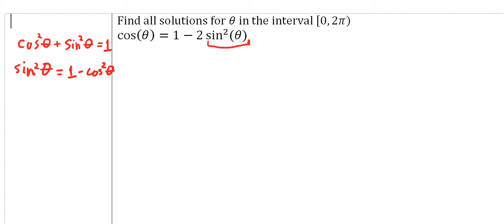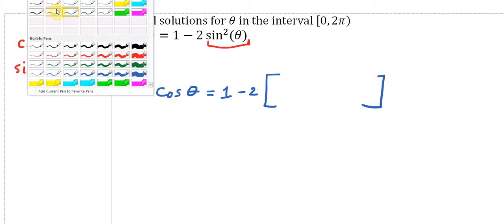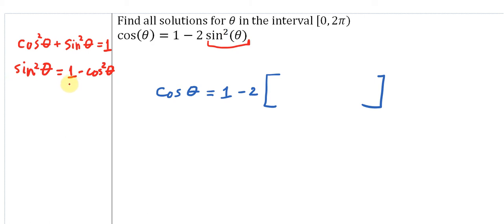Now let's think about why this is useful in this particular problem. So if I continue with this problem, cosine theta equals 1 minus 2, now instead of saying sine squared theta, I am going to replace it with 1 minus cosine squared.